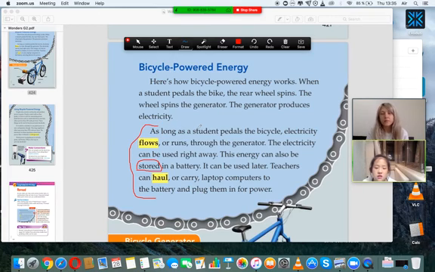As long as the student has electricity flows or runs through the generator, the electricity can be used right away. This energy can also be stored in a battery. It can be used later. Teachers can hold or carry laptop computers to the battery and plug them.